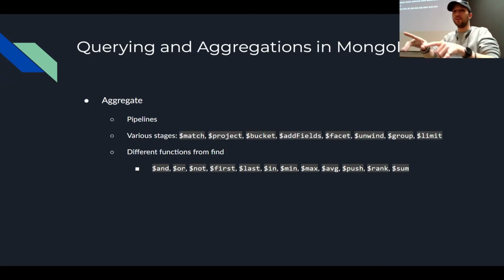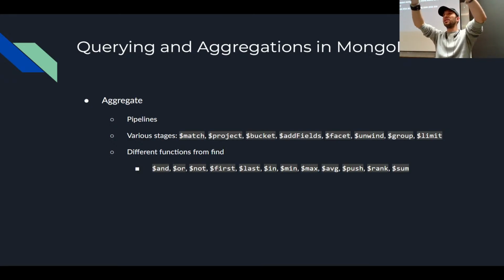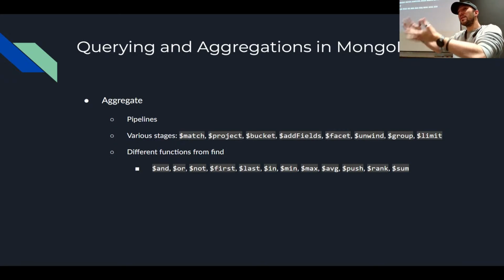One thing that's really cool, one of these stages called facet, actually allows you to split your query into two different pipelines. I was so happy when we figured out how to do this. Let's say you're writing a REST API, and you're returning a list of resources from that REST API.